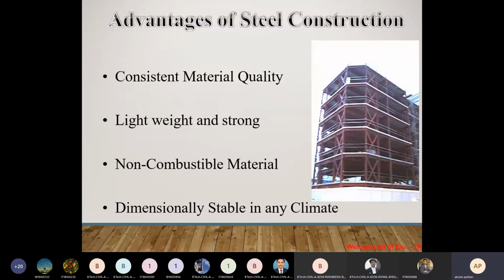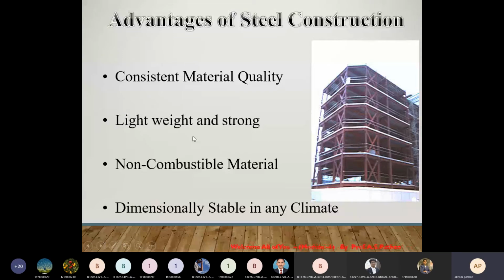Then we look at certain advantages of steel construction. Consistent material quality: if you talk about the quality of the material in steel structures, we will get a consistent material. Then lightweight and strong.